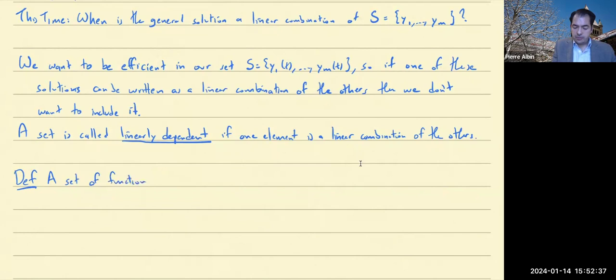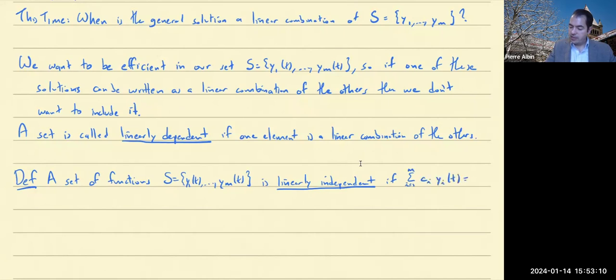A set of functions is linearly independent if whenever you have a linear combination of constants times these functions and you get 0, and importantly, when we write a linear combination like this equal to 0, we mean the function 0, so it's equal to 0 for all t, that implies that all of the constants ci are equal to 0.